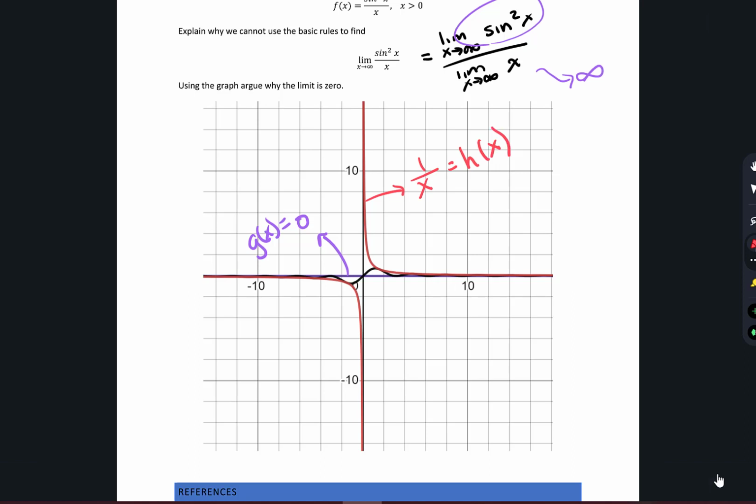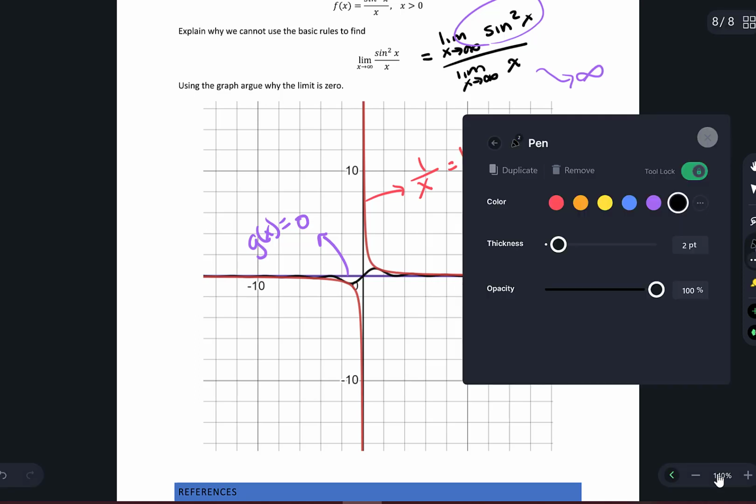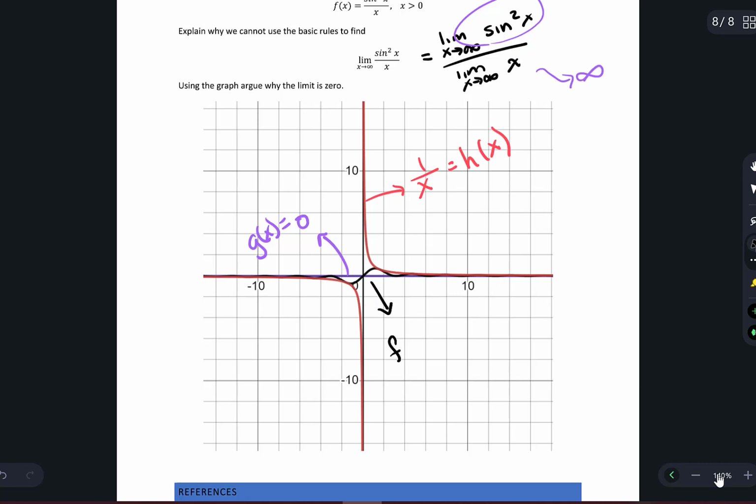Now notice, as we move to infinity, 1 over x, or h of x, is going to keep on getting closer and closer to 0. And then of course g of x is just equal to 0. And then what is happening to our function, that sine of x over x, which we have plotted here in the black, it is getting progressively closer and closer to 0, and it's sandwiched in between 1 over x and 0.